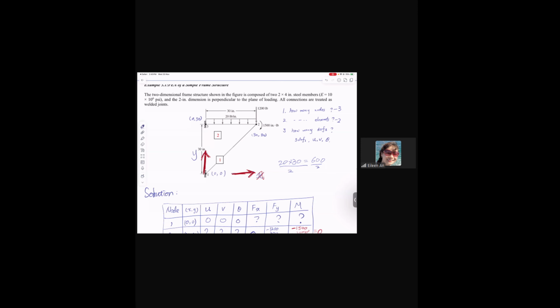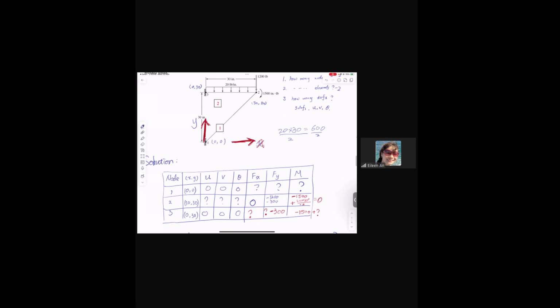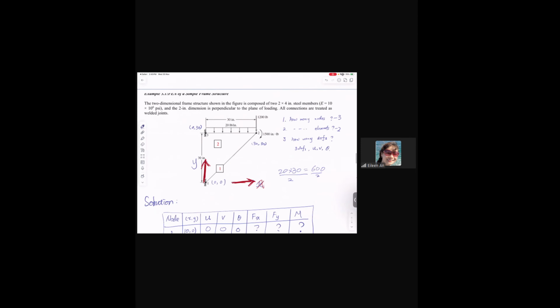Say, for example, element 1. You want to use the direction 1 to 2 or 2 to 1? Maybe 1 to 2, right? Okay. 1 to 2. Then what is the angle for this element? This is the direction.